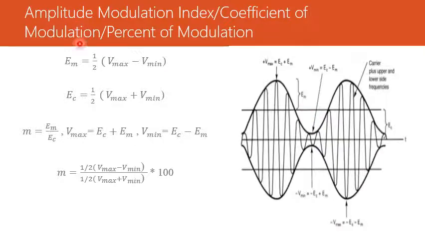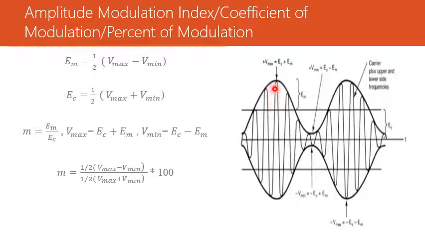Next we'll define this Em in terms of V max and V minimum. So Em is equal to 1 by 2 into Vm max minus V minimum. Vm max means the maximum peak voltage, and this represents the minimum voltage.